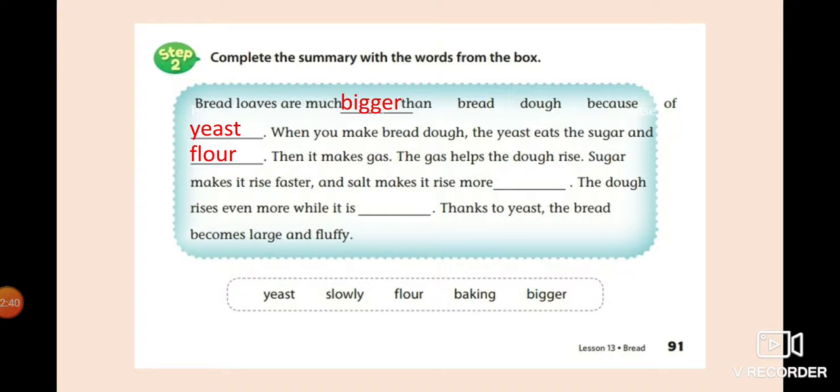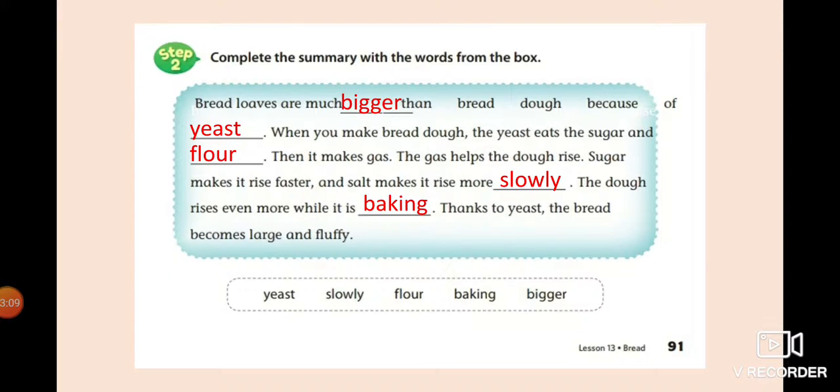Then it makes gas. The gas helps the dough rise. Sugar makes it rise faster, and salt makes it rise more slowly. The dough rises even more while it is baking. Thanks to yeast, the bread becomes large and fluffy.